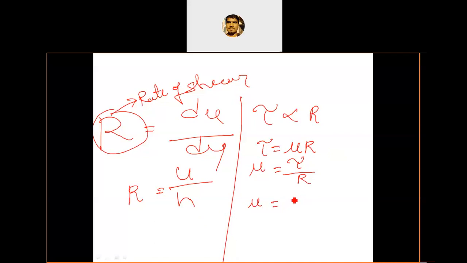Shear stress means force by area, F by A, whole divided by R, which we already know is U by H. That we can write as mu is equal to FH by UA, where if area is constant and height is 1 meter and velocity is 1, means everything is constant, then mu is directly proportional to or equal to force.